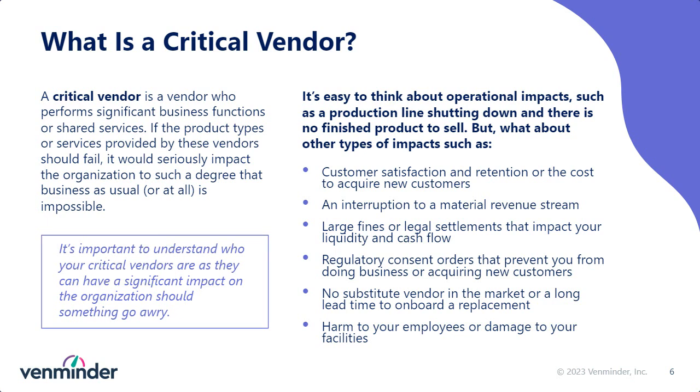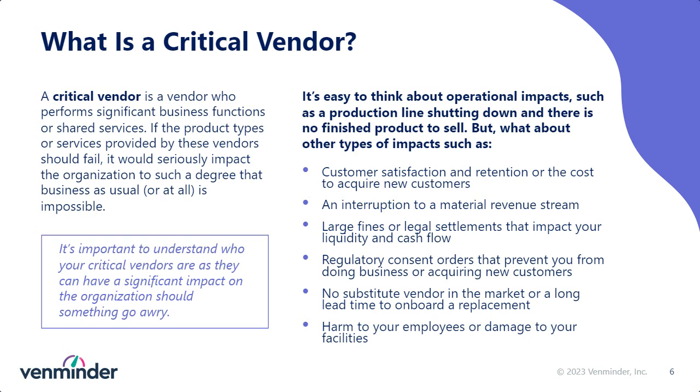But critical vendors can have other impacts, such as the ability to satisfy your existing customers or acquire new ones. They can interrupt your revenue streams. If it's severe enough, maybe your regulators give you a big fine or you end up with some litigation.